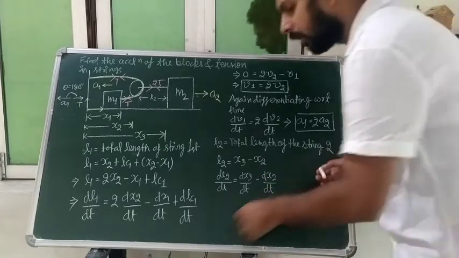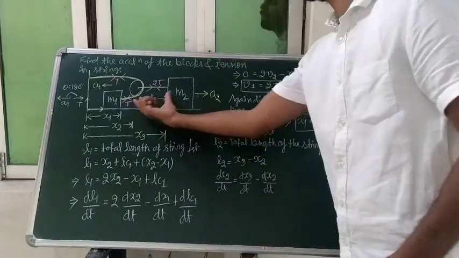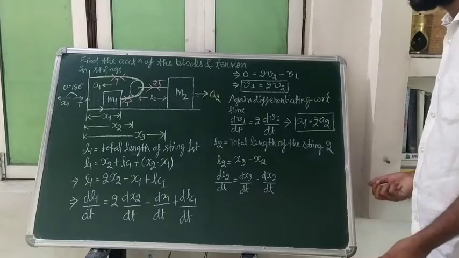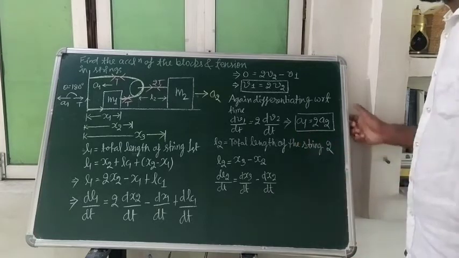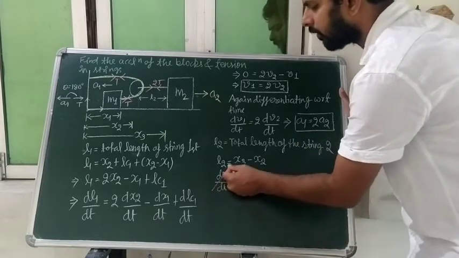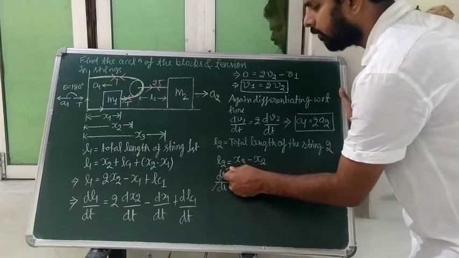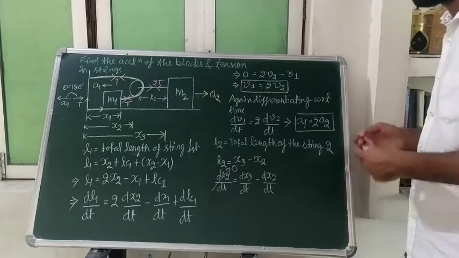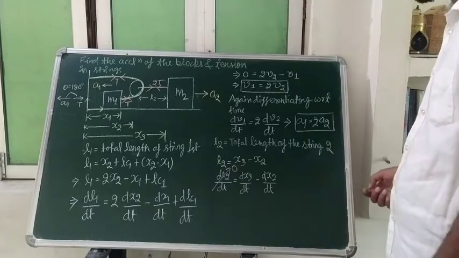Of course, students, the length of the second string, this L2, is not going to change. It is constant, isn't it? So when we differentiate a constant, that will be equal to 0, and L2 is constant since we have assumed a massless and inextensible string.